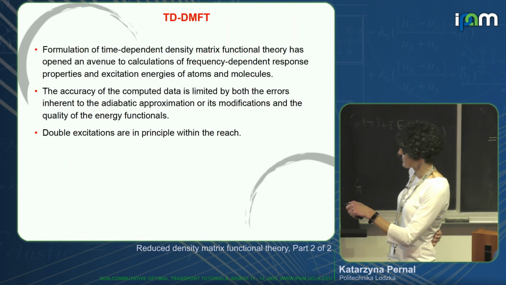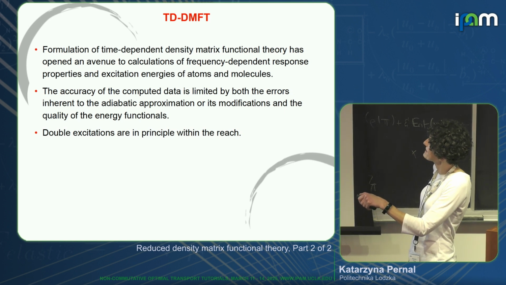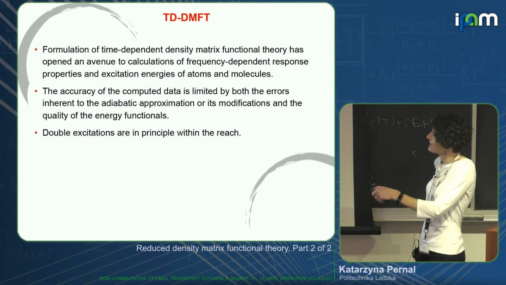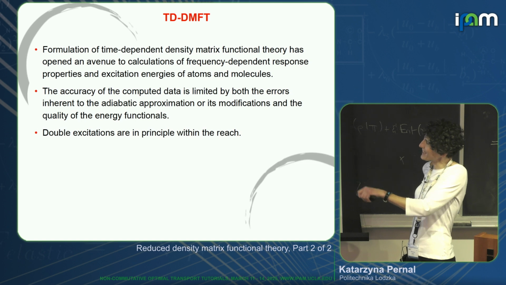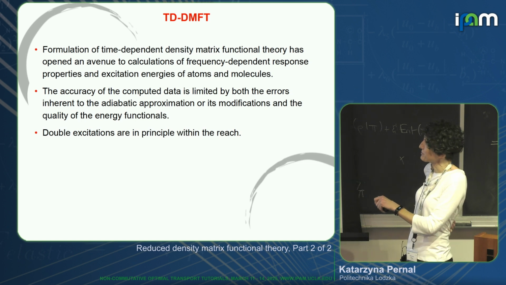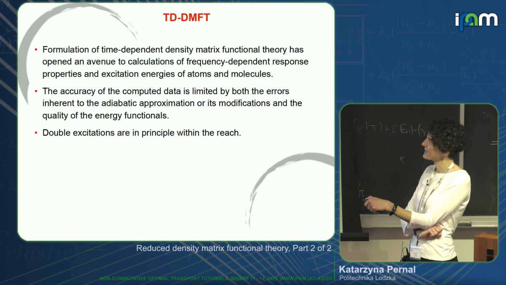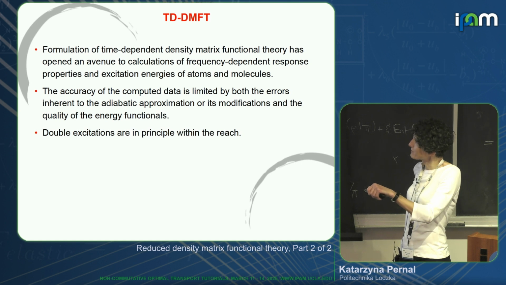So to summarize, it was possible to formulate time-dependent density matrix functional theory, and through linear response, we can obtain excited state energies. The data is limited, and so is the number of systems that we have tried. But what we learned is that the accuracy was limited by the errors resulting from both the adiabatic approximation and the approximation in the functionals.